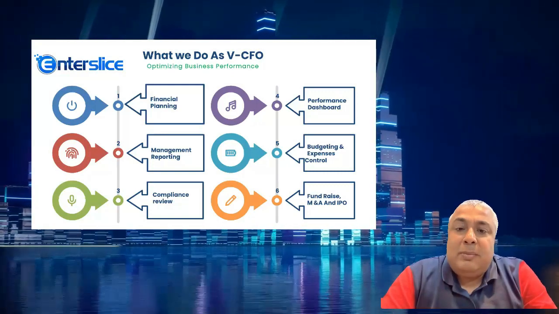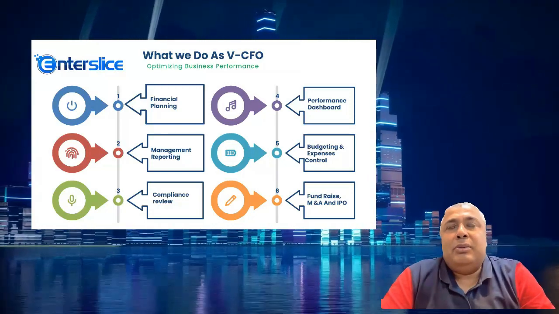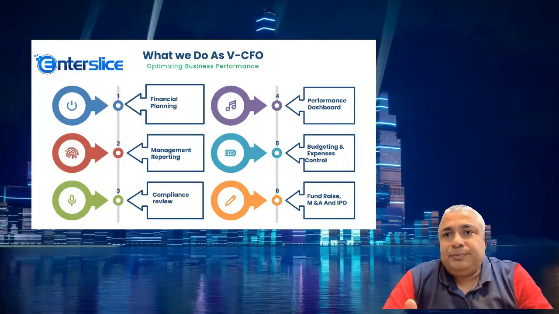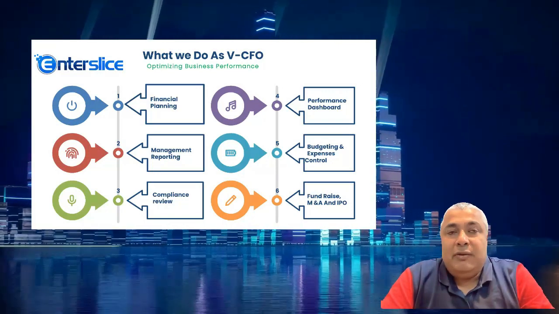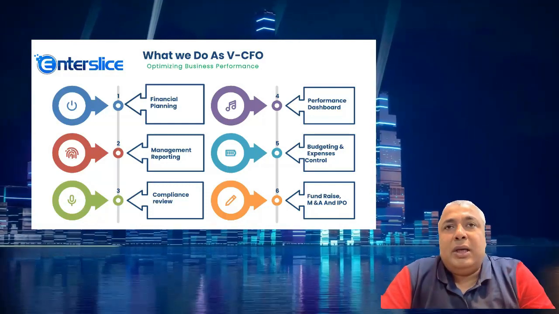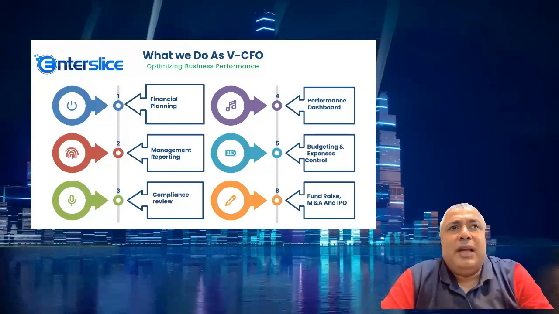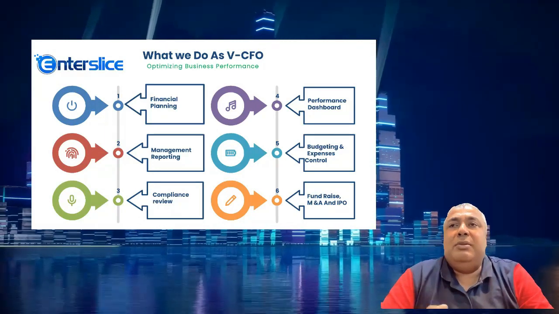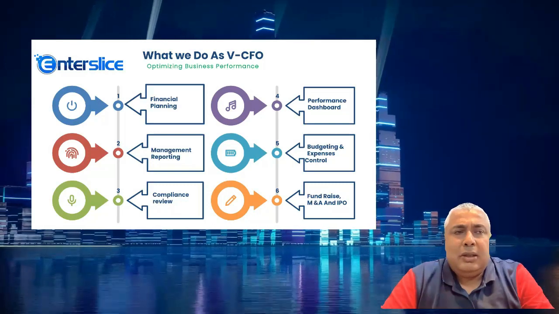Then comes the performance dashboard. This is very important. Sometimes you make a plan, you decide a target for your team, but somehow some of them are able to achieve it and some are not. So we will create a performance dashboard in your system, your ERP, or by using Microsoft BI or some external software, which will show you exactly what the performance of the team is in terms of the designed KPIs, what score they have achieved.